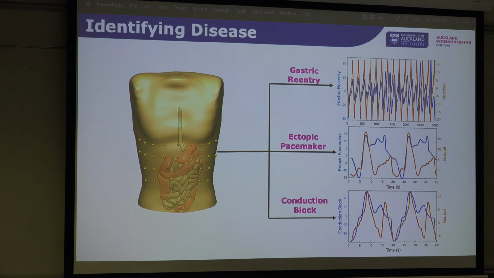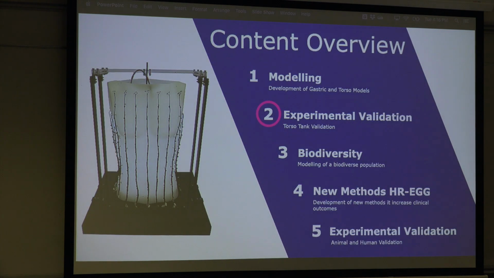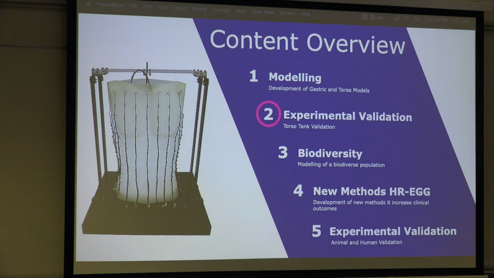Because this was evident on multiple channels, these were the signatures that we were trying to look for when we went to human validation. But before we did that, we wanted to look at experimentally validating this in a controlled environment. So we're going to talk about experimental validation in the torso tank.